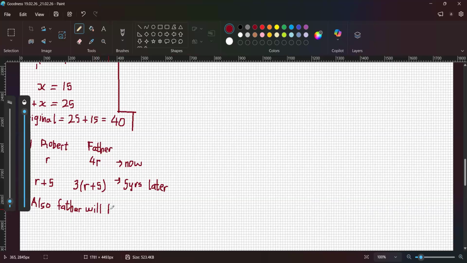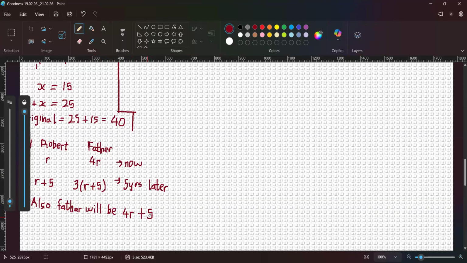Now, do you know what I'm thinking? What I'm going to do now? I want to express the father's age from the perspective of that 4R. In 5 years' time, if we add 5 to the father's age, it will become 4R plus 5. Do you agree with me? Yes, sir. That's why I said also.